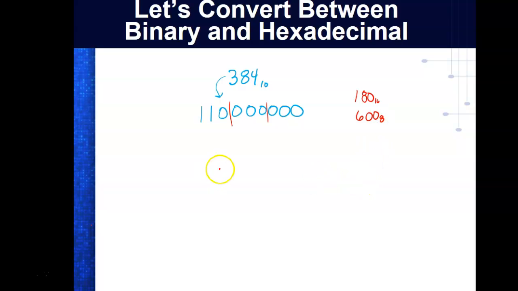So 384 base 10 is equal to 110000000 base 2, which is equal to 180 base 16, which is equal to 600 base 8. So what we're doing is looking at the same number in 4 different number systems.